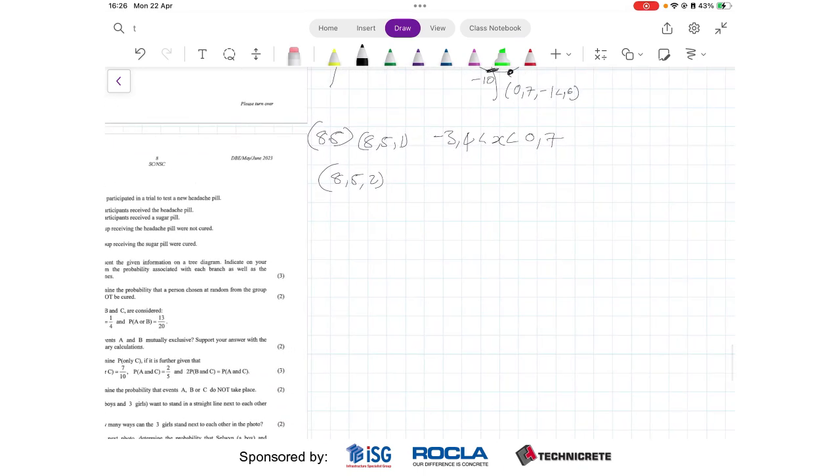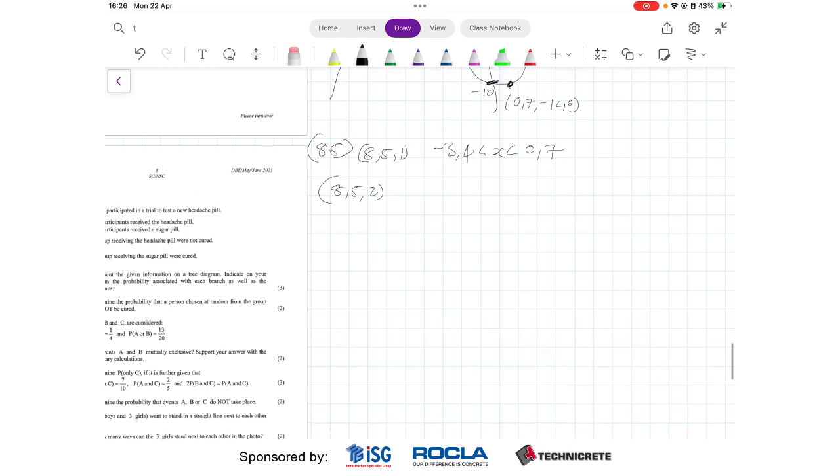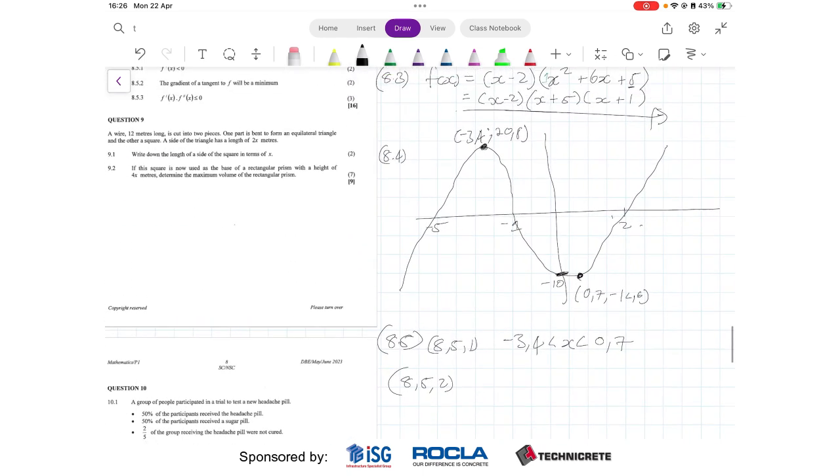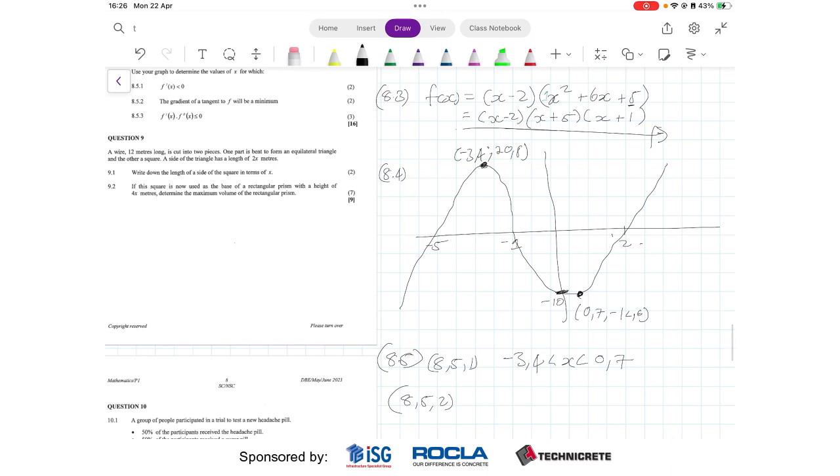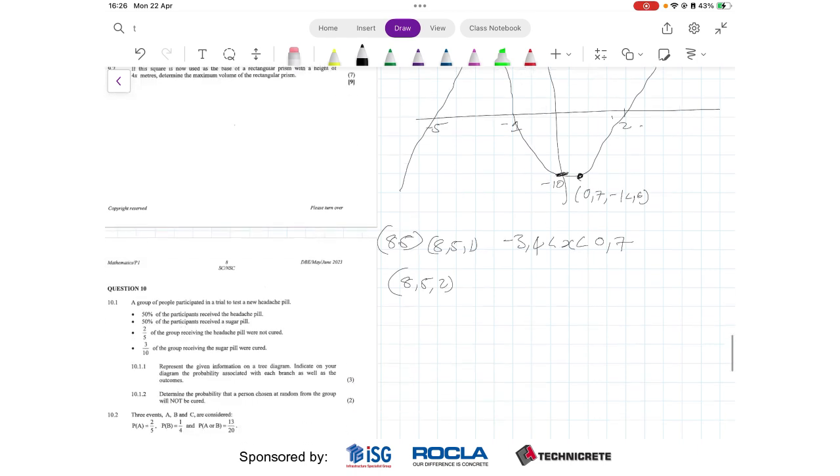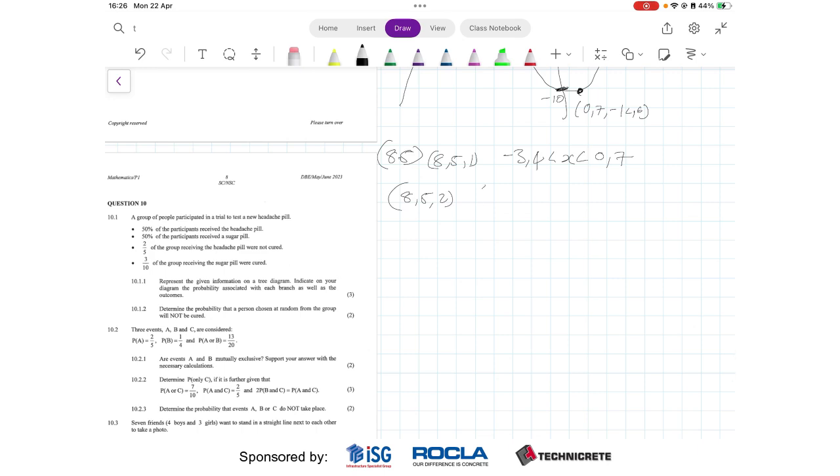We are told this keyword minimum, which immediately tells you you need to differentiate. Because you are looking for the gradient of a tangent, a tangent is a straight line, and its gradient can be given by the second derivative.